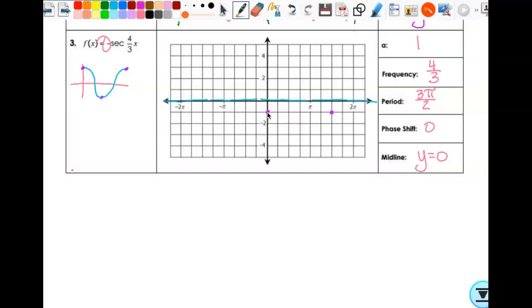So halfway between these two, which is right here, I'm going to be up here. Then, halfway between these 2 points, I'm going to have an asymptote because there's a 0, and I'm also going to have one right there. So, halfway between these two, asymptote right here, and asymptote right here. Then you have your 3 anchor points and your 2 asymptotes, and you should be able to repeat. Okay. Everybody good with that?